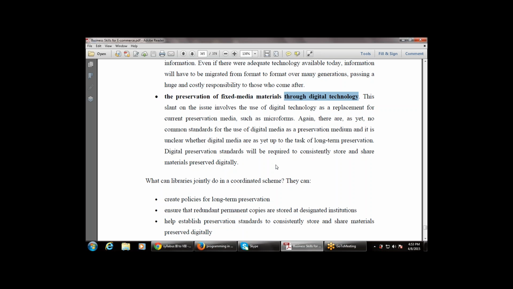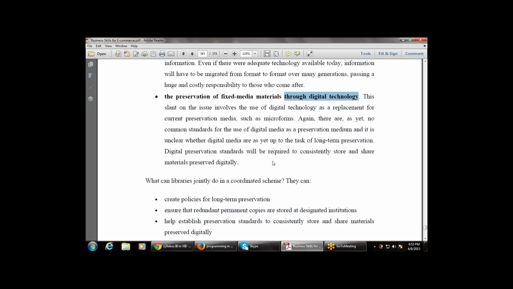What can libraries jointly do in a coordinated scheme? Whenever the data is collected as a fixed material, what are the various methods that libraries jointly coordinate? First of all, they create the policies, the rules and regulations, for long-term preservation.